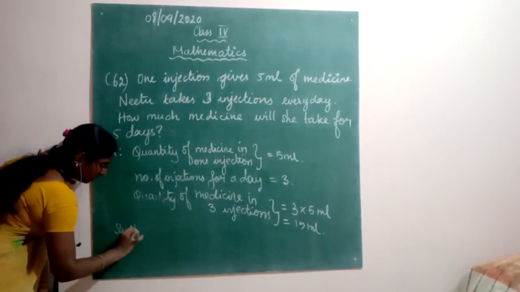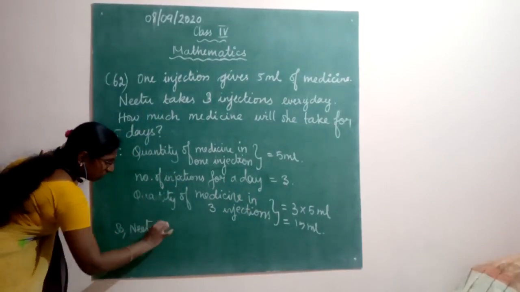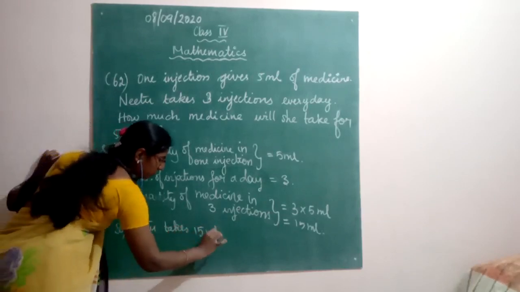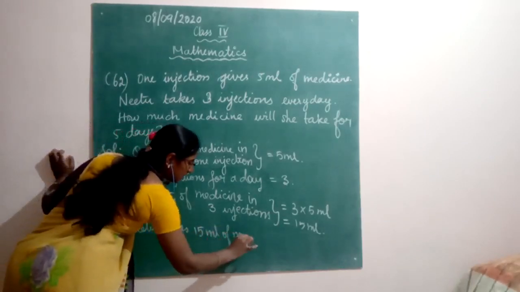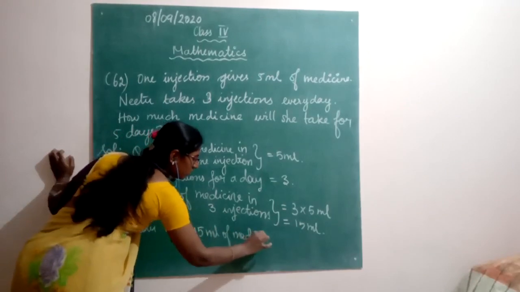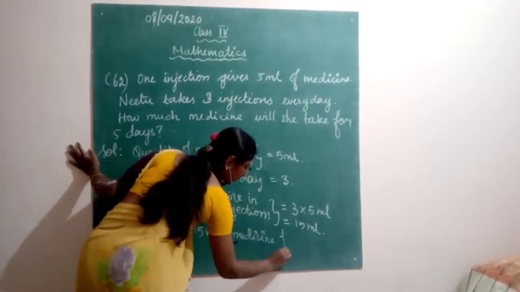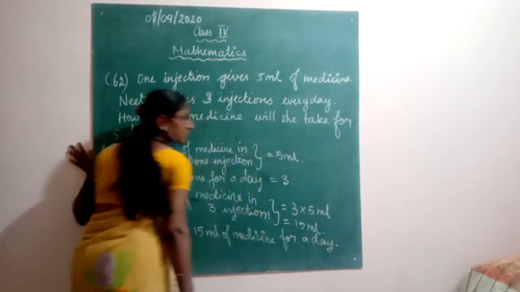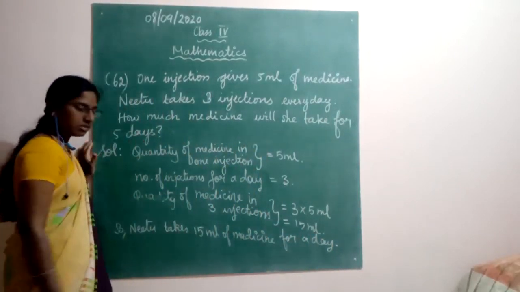So write, Neetu takes 15 ml of medicine for a day. Okay. But the question is, we have to find it for 5 days. Okay.